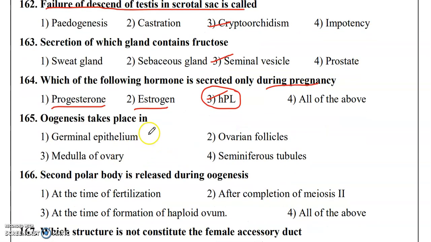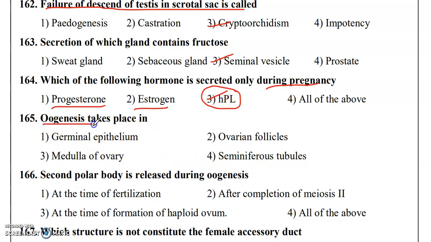Oogenesis takes place in germinal epithelium, ovarian follicles, medulla of ovary, or seminiferous tubules?